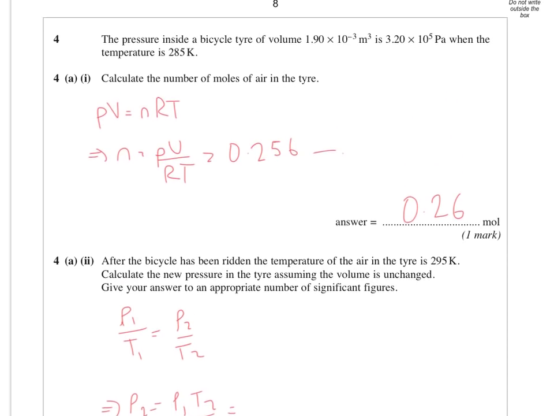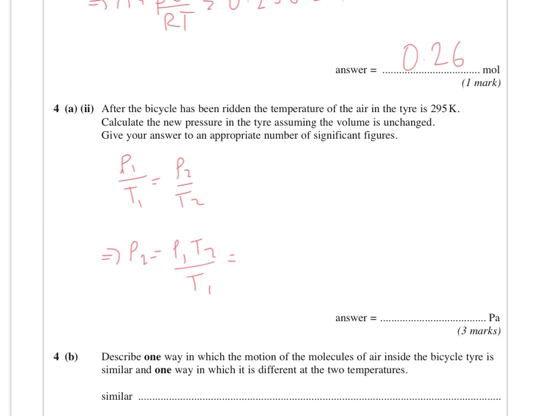So the original pressure was what? 3.2 times 10 to the 5, times by the new temperature divided by the old temperature. That's going to come out as 3.2 times 10 to the 5, times 295 divided by 285 gives you 3.3 times 10 to the 5.